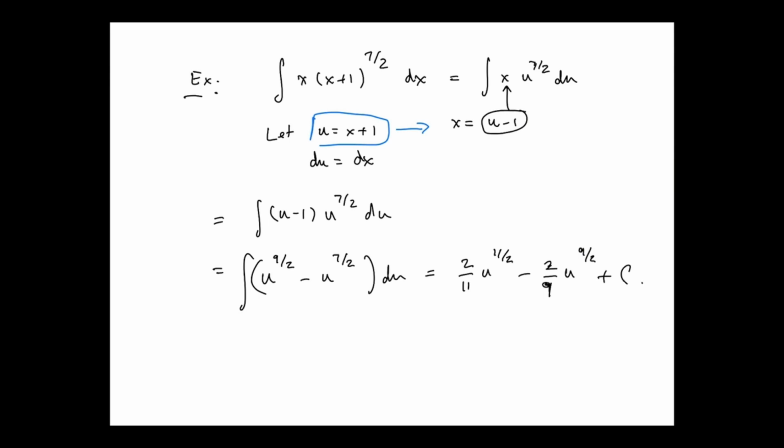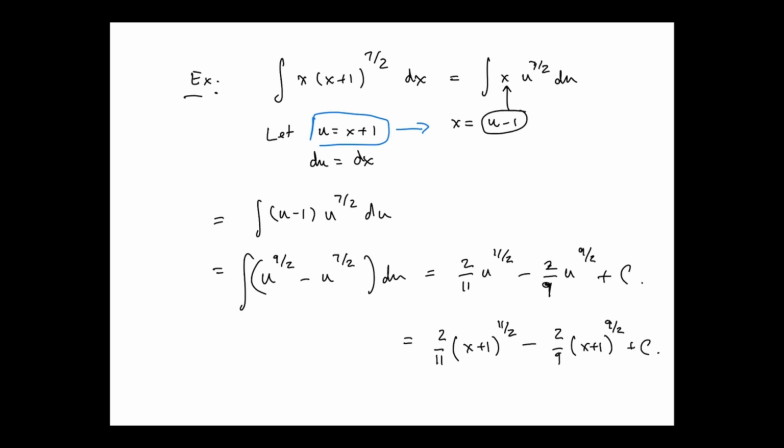And then, of course, our glorious plus c. Is that part all right? And then what's the last step? We need to replace u. What was u? It was x plus 1. So we'd have 2/11 (x plus 1) to the 11/2 minus 2/9 (x plus 1) to the 9/2 plus c.